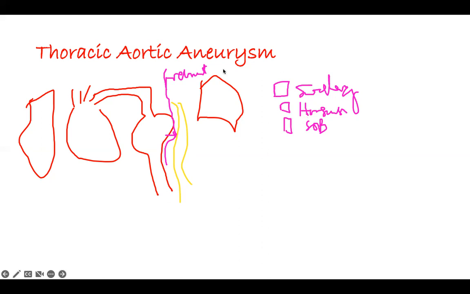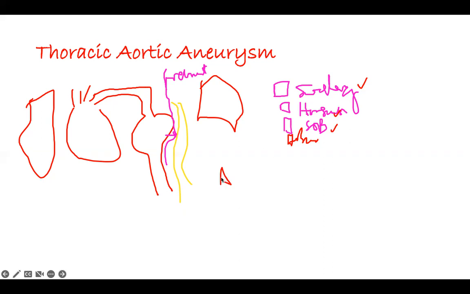And so that's the normal presentation for patients who have a thoracic aneurysm. The key ones are swallowing problems, hoarseness, shortness of breath. There can be other symptoms. They can have pain at the back, depending on the presentation.